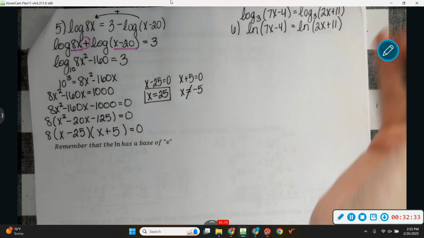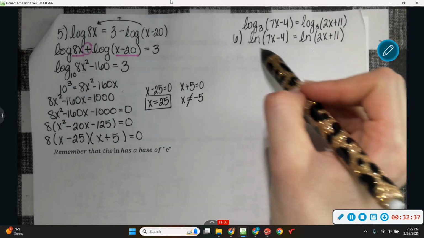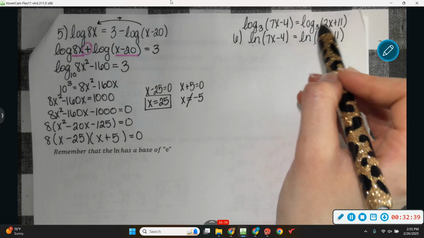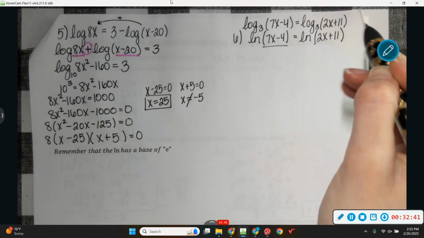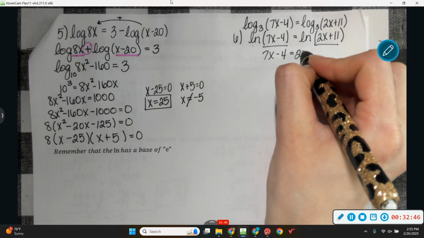Either way, this is the same one-to-one property, meaning if these are both natural log or both log of the same base, then this 7x minus 4 is equal to the 2x plus 11.